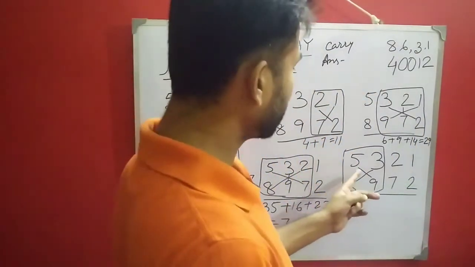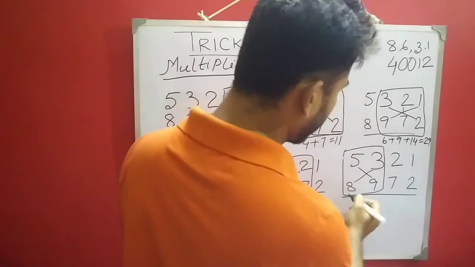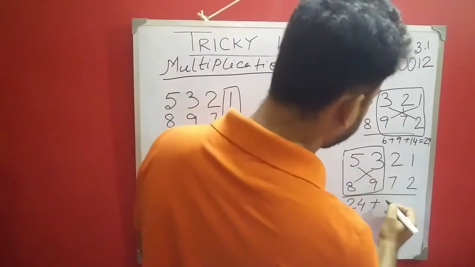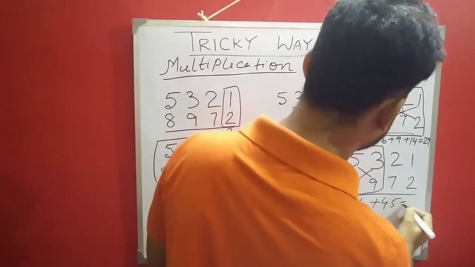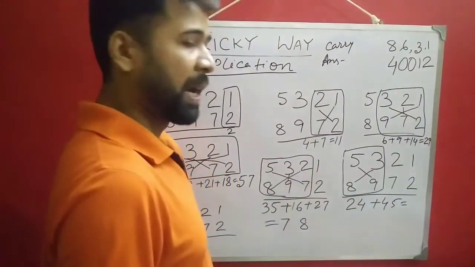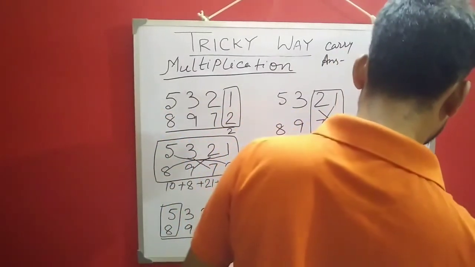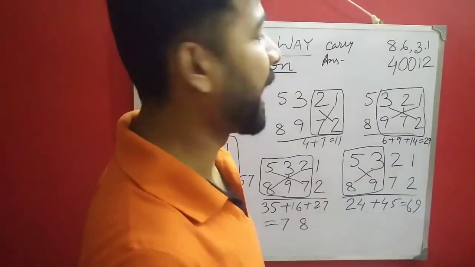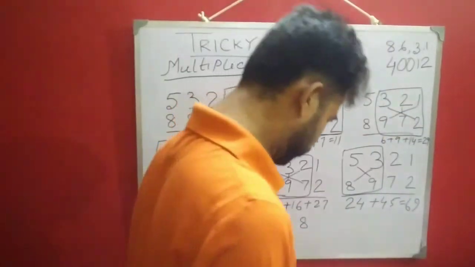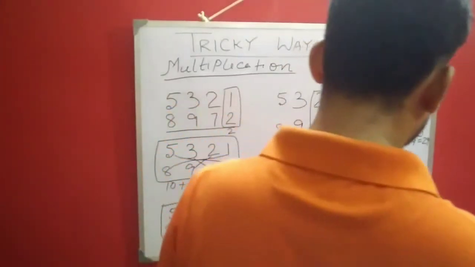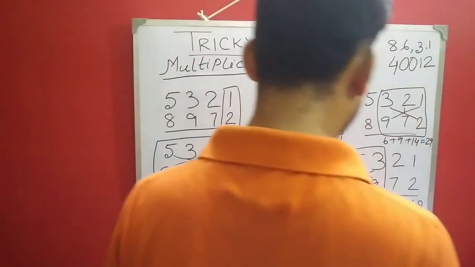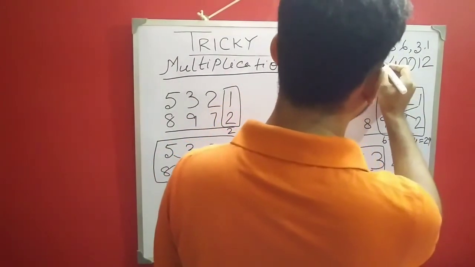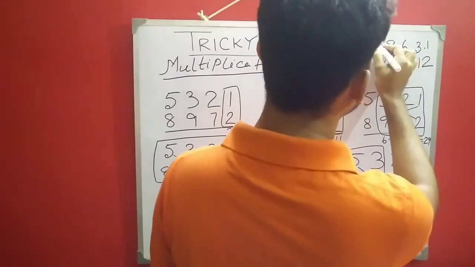Now 3 into 8 equal to 24, plus 9 into 5 equal to 45. And 45 plus 24 equal to 69. And we have carry 8. 69 plus 8 equal to 77. 77 means 7 and carry 7.